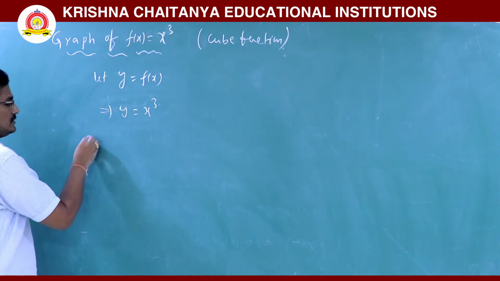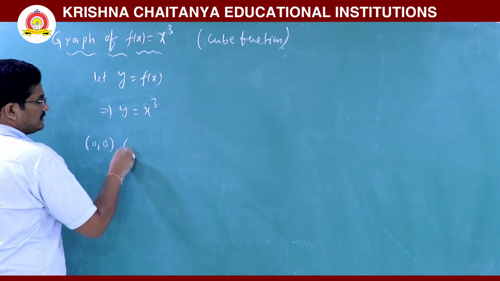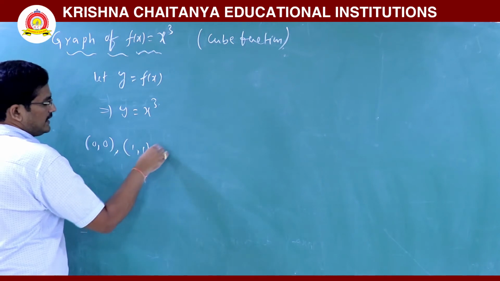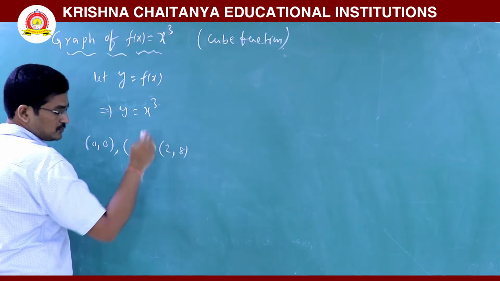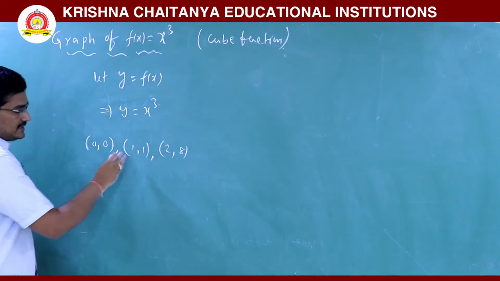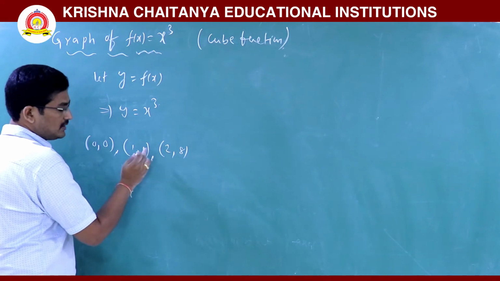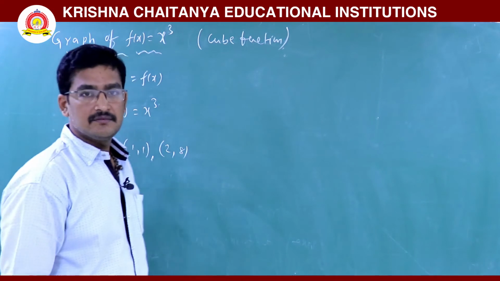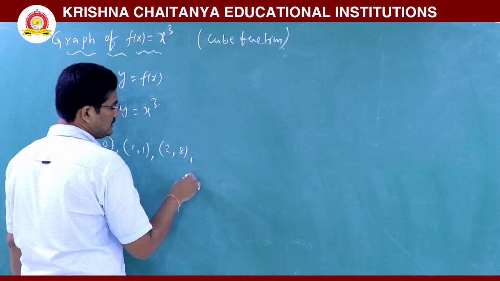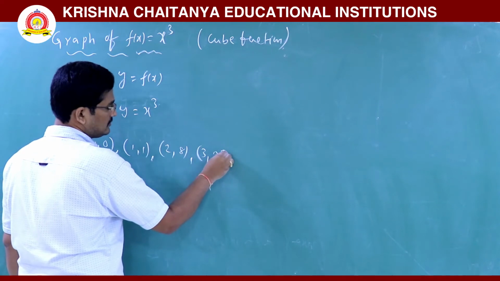Suppose x equals 0, then y is 0. x is 1, y is 1. x is 2, y is 8. y is rising so fast. x came from 1 to 2, but y came from 1 to 8. y rises fast in this curve. x value 3, y value 27, rising more.